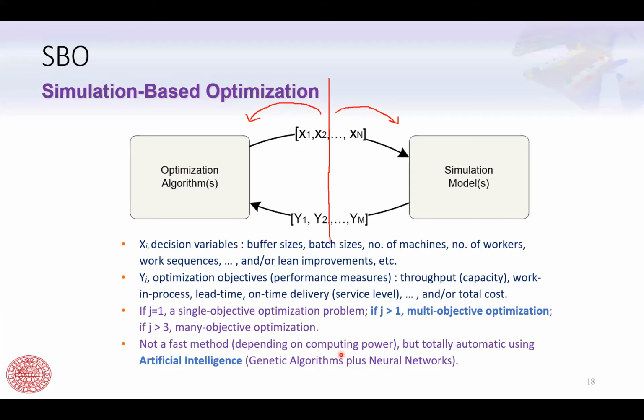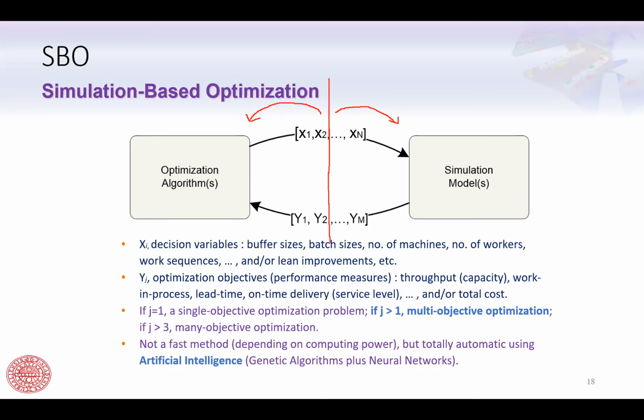But the good thing is that it is somehow based on a combination of artificial intelligence. We will talk more about neural networks in my next course, but in this course later today we will see more about genetic algorithms. So normally it is a mixture of some artificial intelligence algorithms, and it belongs to this type of method that makes it automatic.